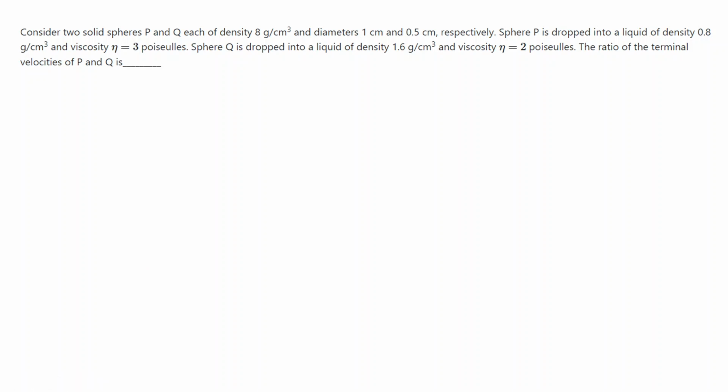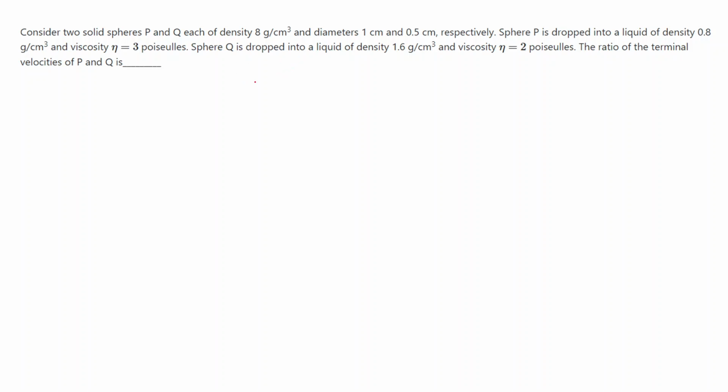First question is: consider two solid spheres P and Q of density 8 gram per cc and diameters 1 centimeter and 0.5 centimeter respectively. Sphere P is dropped in a liquid of density 0.8 and viscosity 3 Poissons. Okay, so it's again a question of a spherical body being dropped in a liquid.